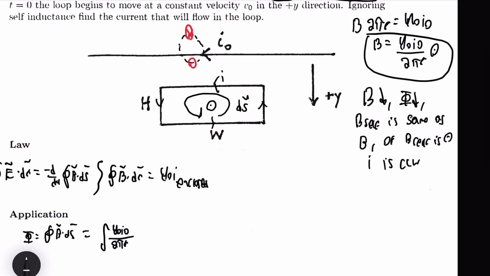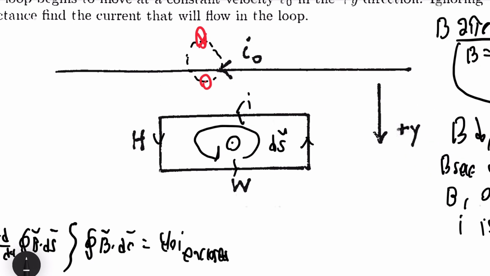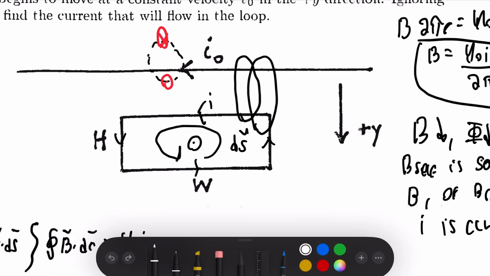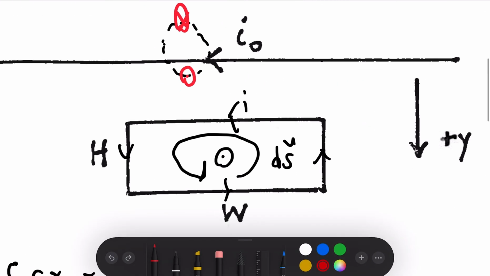And then, what is ds? Well, as I go around, as I create more and more magnetic fields, if I create a magnetic field like this, that's not going to have the same area as if I had one right here, or so on. So I actually have to take little slices of this where the width is going to stay the same, but this I'm going to call dy.